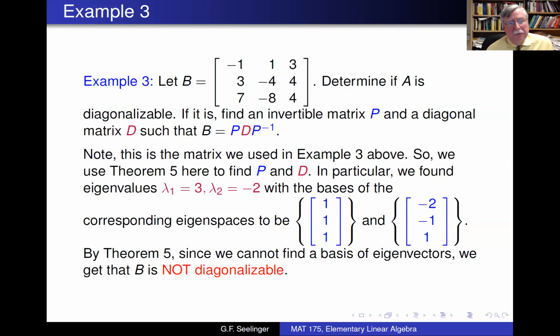It's always diagonalizable if I have distinct eigenvalues with multiplicity 1. All right, so I wanted to give you that sense about diagonalization. Go through those examples, and we will continue with that on Friday.